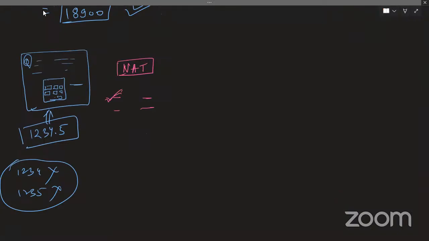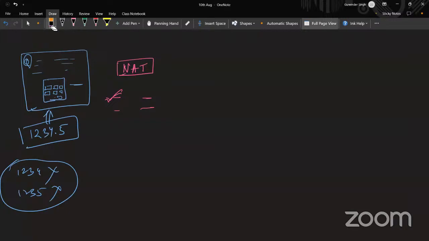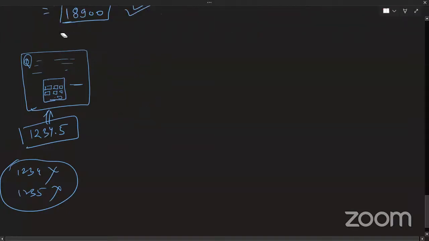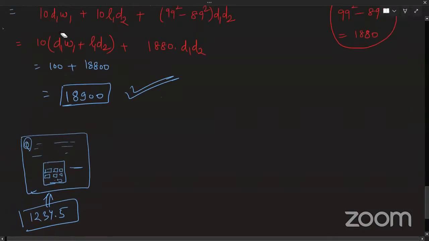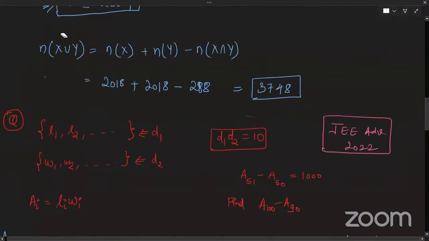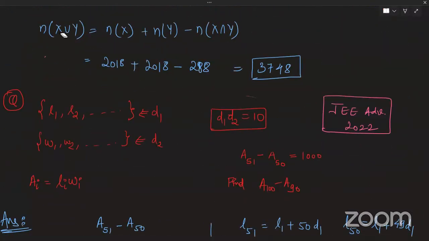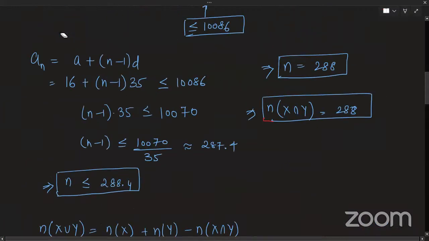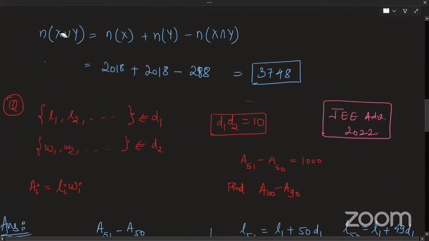So just make sure that whenever you are doing calculation type questions, your calculation is correct up to the last place. See, here the answer was 3748. If she had taken 289 in place of 288, your whole question of 4 marks would go wrong.